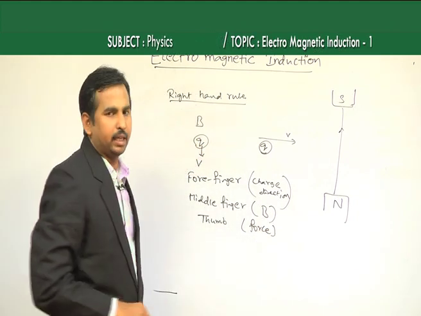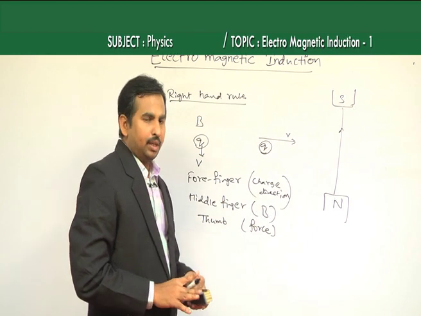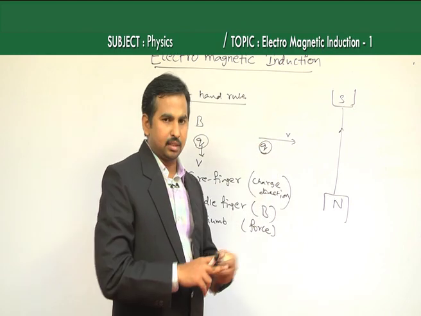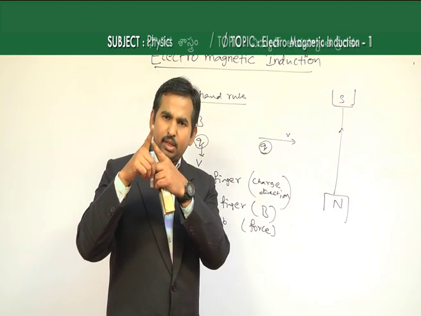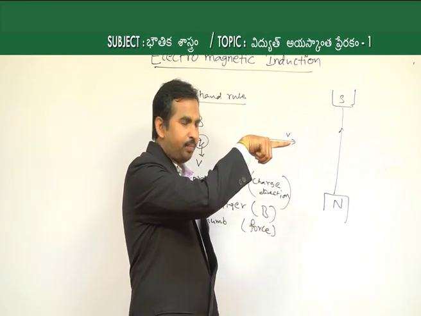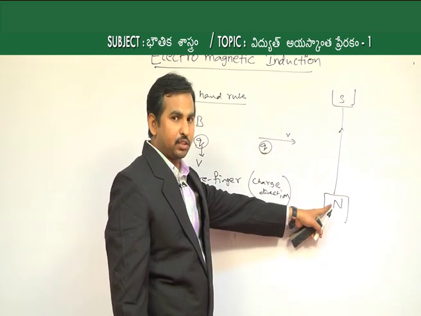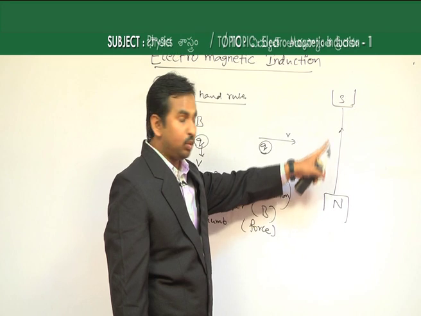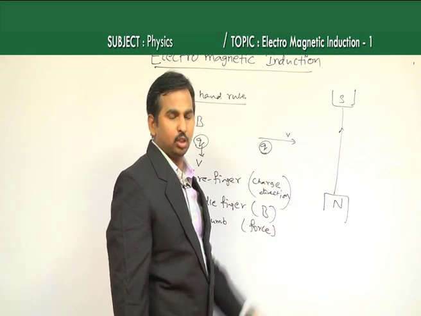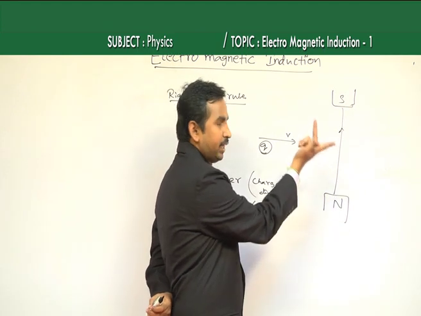For example, if the charge is coming inside like this, then you have to take the forefinger in the direction of the charge like this. And the direction of the magnetic field strength is upwards, going from north pole to south pole, so you take the middle finger in the upward direction like this.